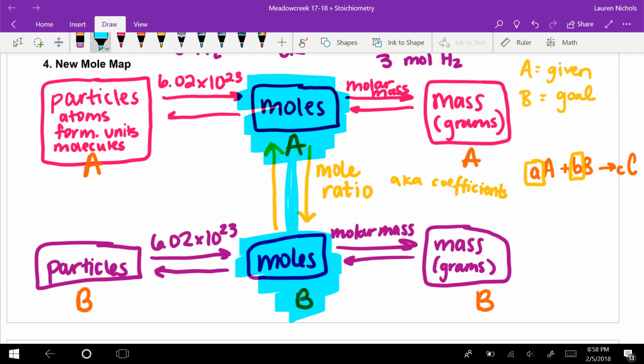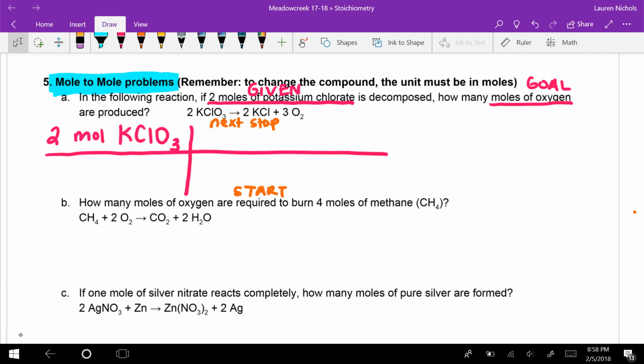So when we are looking at our problems, we are starting at moles of A or moles of KClO3. So we can again say that this is A and oxygen is B. So we're starting there, and our next stop was we crossed over mole ratio road to moles of B or moles of oxygen.